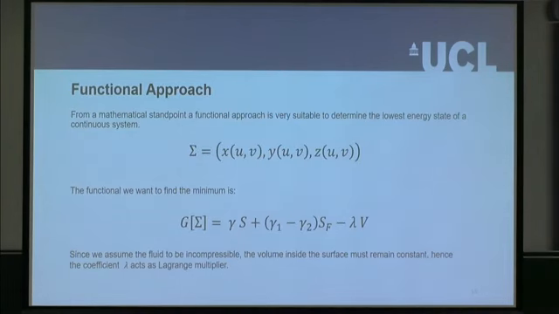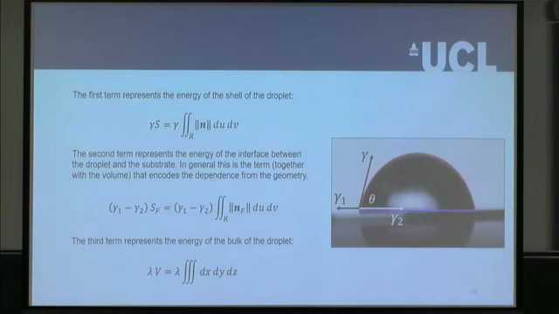As you can see, there are three terms that make up this functional. Again, N, by the way, is the normal vector field to the interface, while NF is the normal vector field to the substrate we are choosing. And in principle, we can choose whatever geometry we want, as long as we can express it as a function of the XY coordinates.